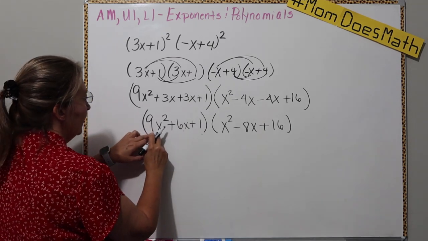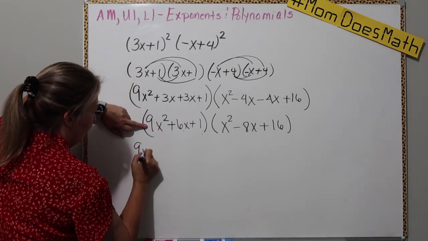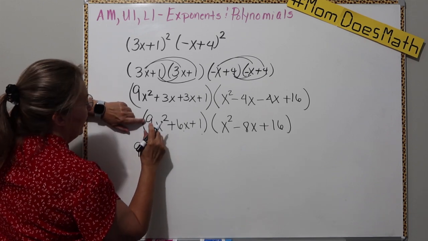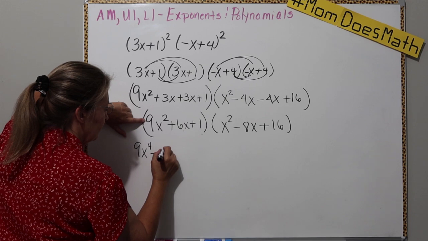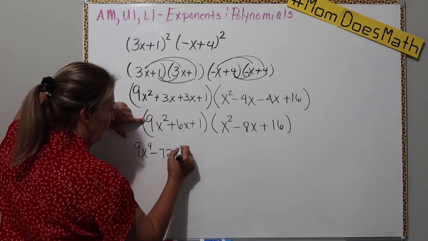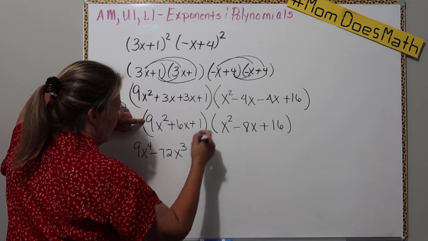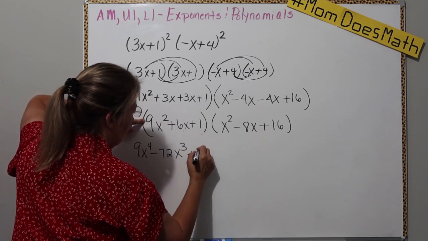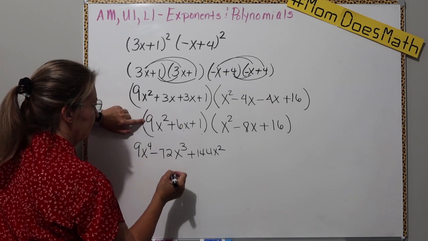So, 9x squared times x squared is 9x to the 4. And 9x squared times minus 8x is negative 72x to the 3rd. 9x squared times 16, 9 times 16 is 144x to the 2nd.